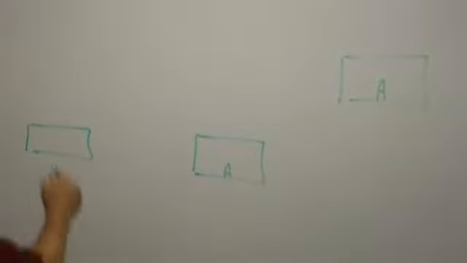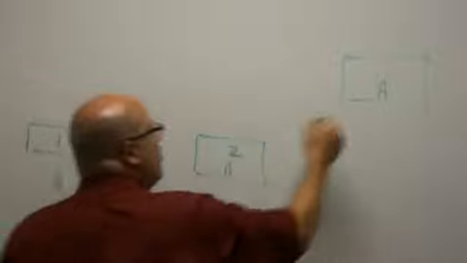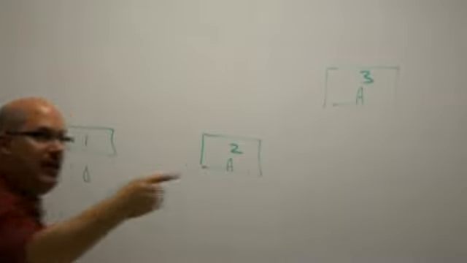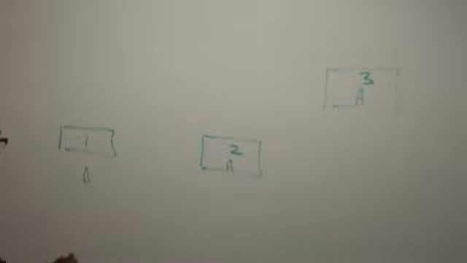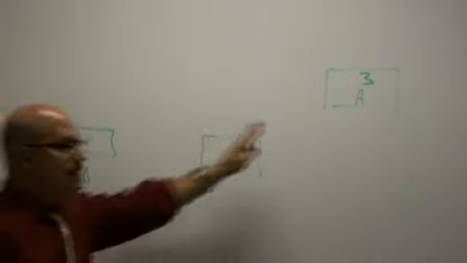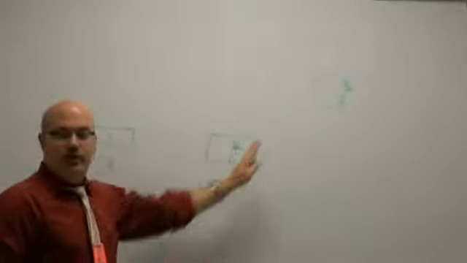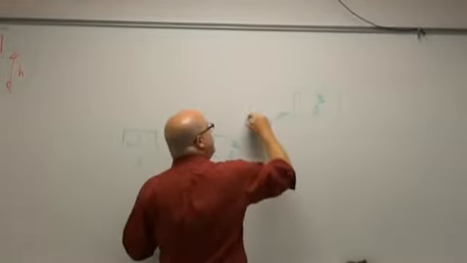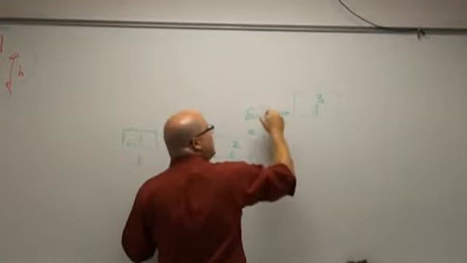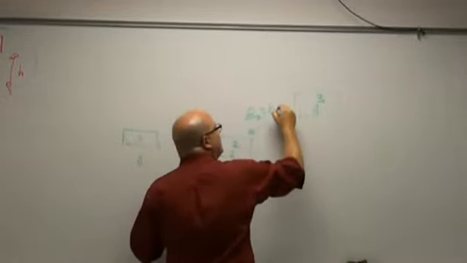So 1, 2, 3. So you're saying that the conservation of energy is the connection between which locations? 2 and 3. Okay, the connector between these two is conservation of energy. Energy at 2 equals energy at 3.